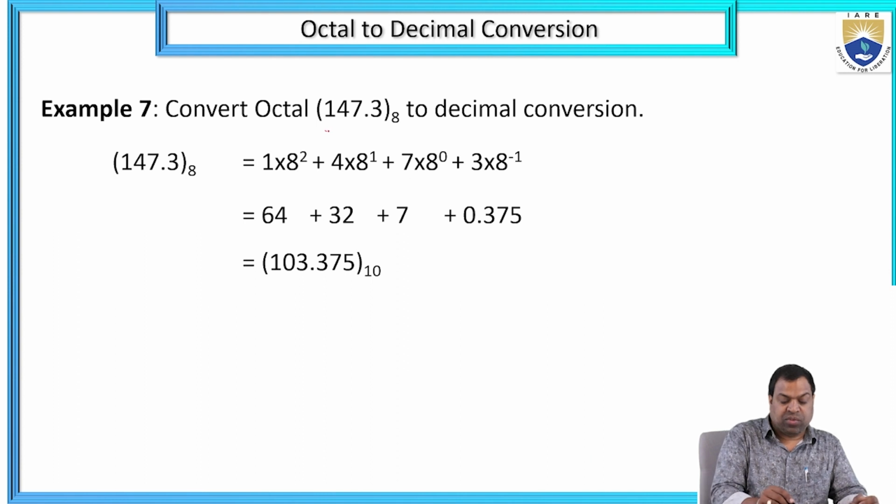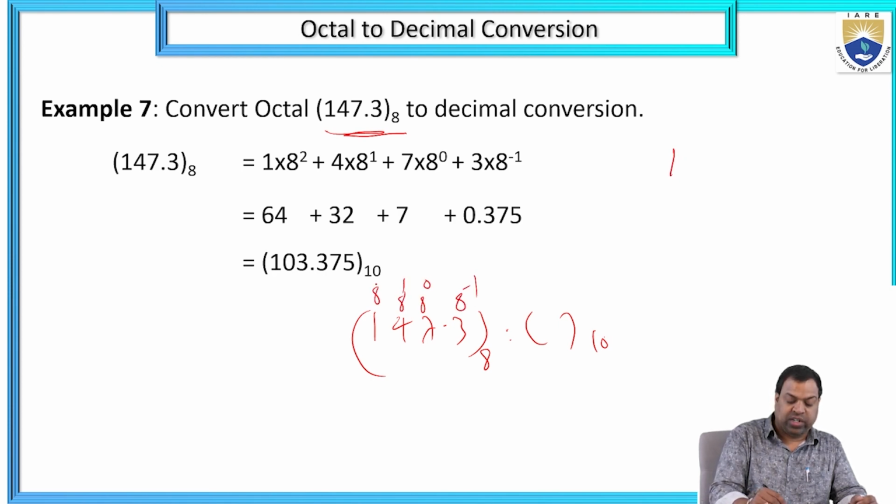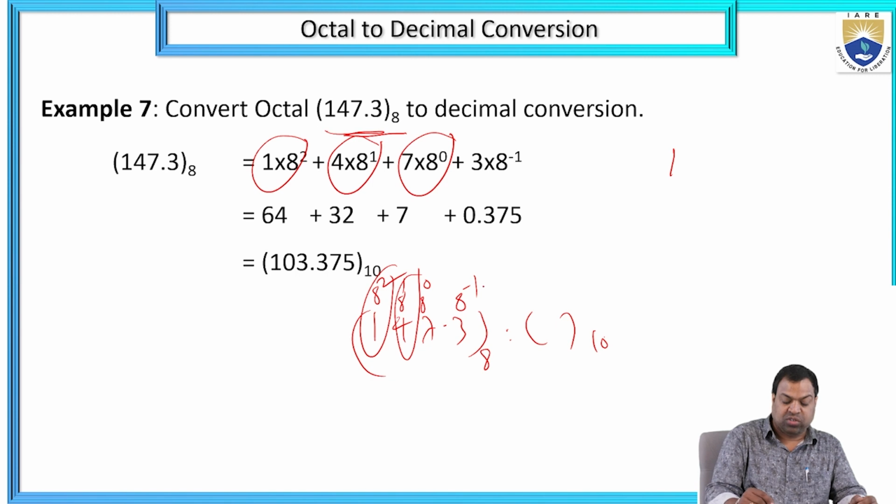Converting the fractional value 147.3 to decimal. So here 8 power minus 1, 8 power 0, 8 power 1, 8 square. So 8 square into 1 plus 8 power 1 into 4 plus 8 power 0 into 7 plus 3 into 8 power minus 1.